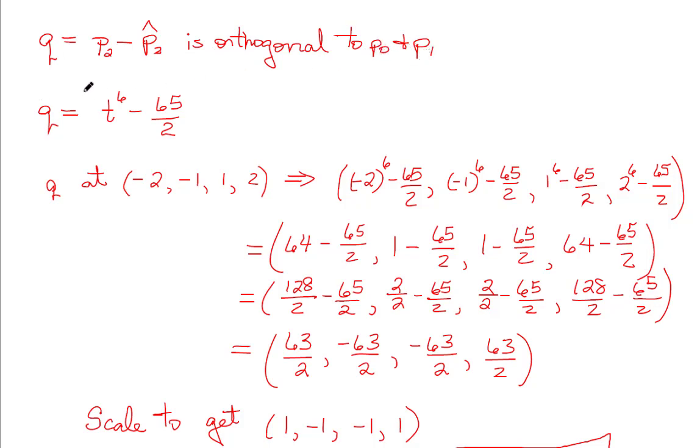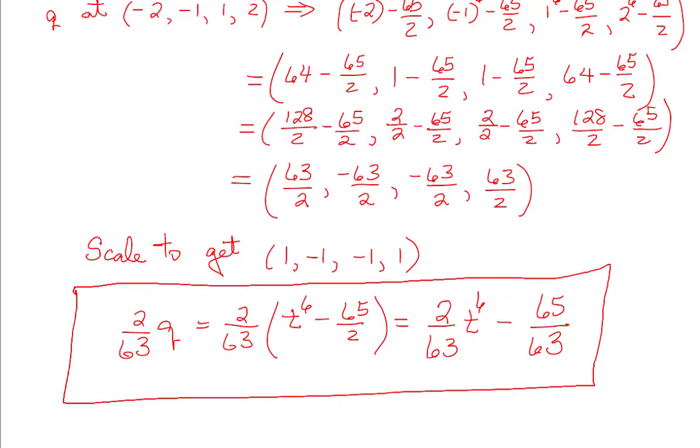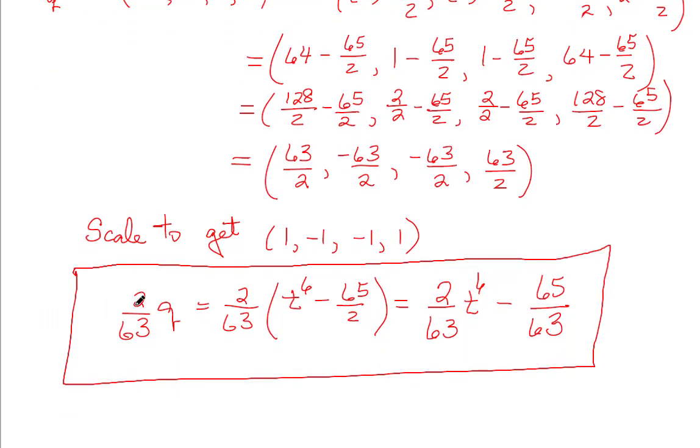So here's my Q. All right, and so then Q at this value is a particular number, and they wanted us to scale it to get 1, -1, -1, 1. And when you do that scaling, it's simply multiply by 2 over 63. And when you simplify that, then you're done.